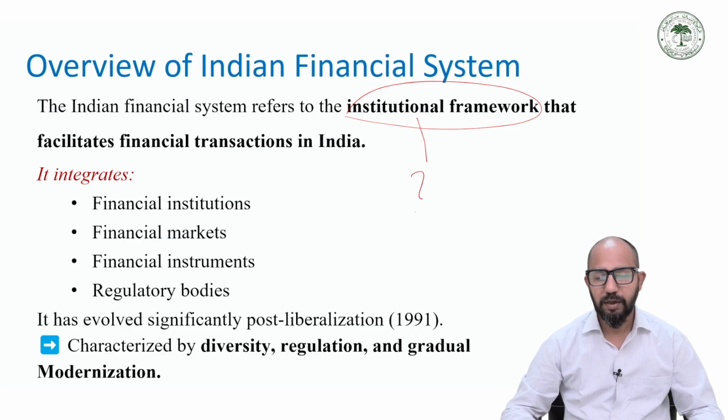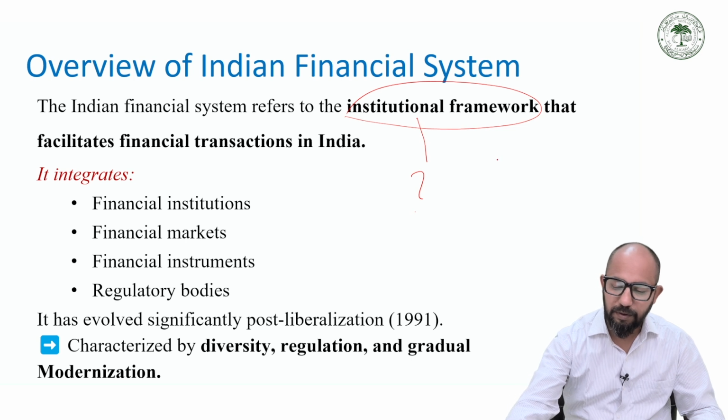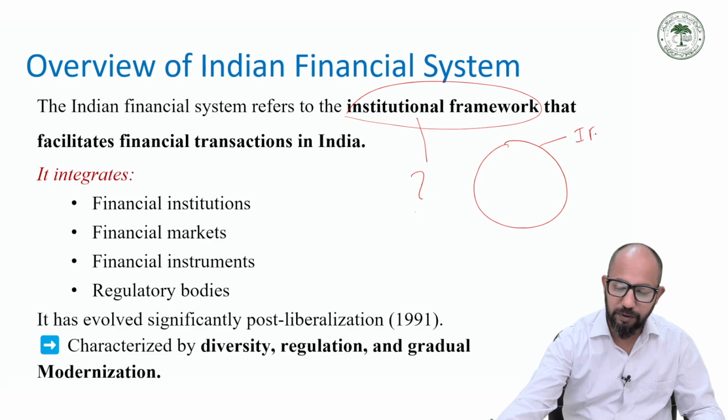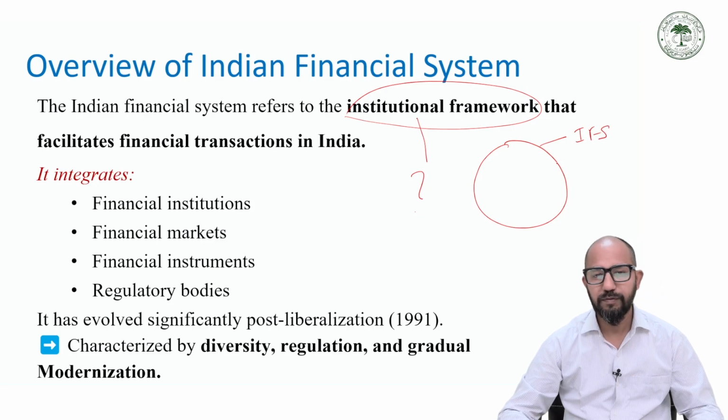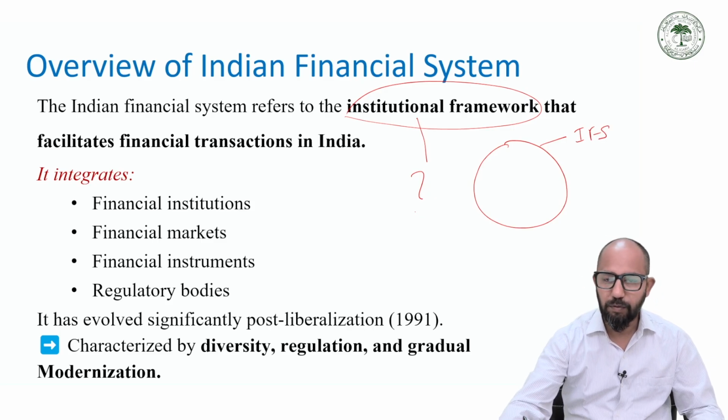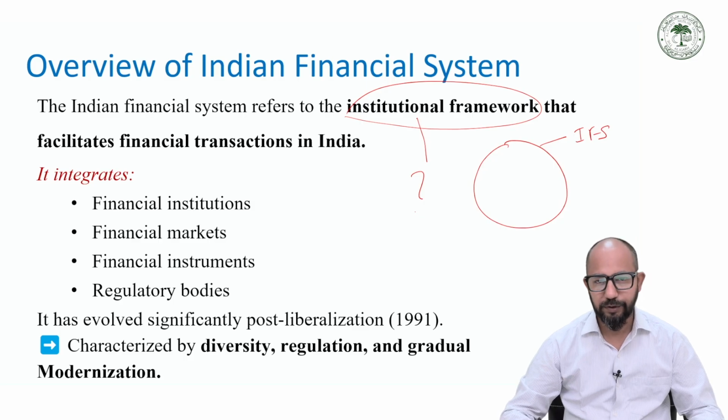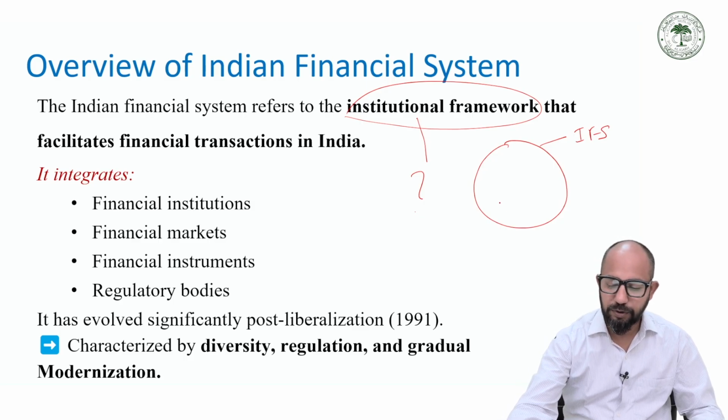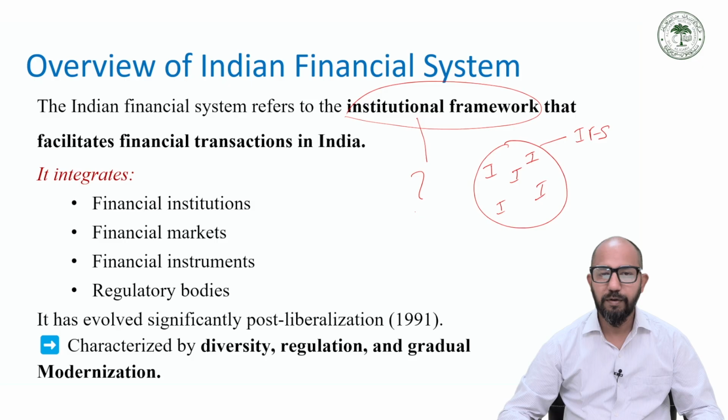Let us try to understand this. Say, for example, this is the whole scope of the financial system. This is the Indian financial system. Now, this financial system has some boundaries, has some foundations, and there are institutions that facilitate this system, they maintain this system. Now, institutional framework refers to how these institutions perform their duties and responsibilities with respect to the financial system.